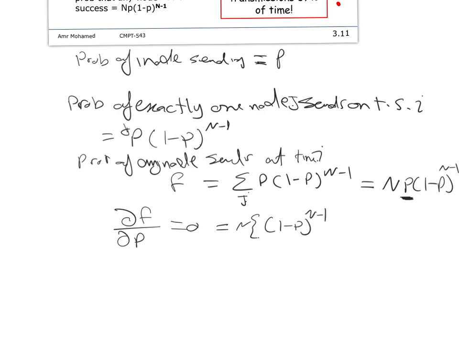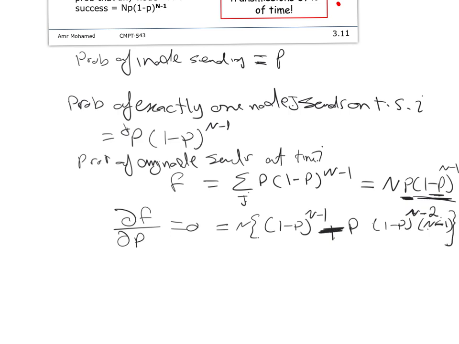لا مش times بقى, plus. صح؟ Plus اللي هو P times the derivative of this. The derivative of this is (n - 1) صح؟ كده times (1 - P)^(n-2) تمام؟ and the derivative of the thing inside is minus 1.